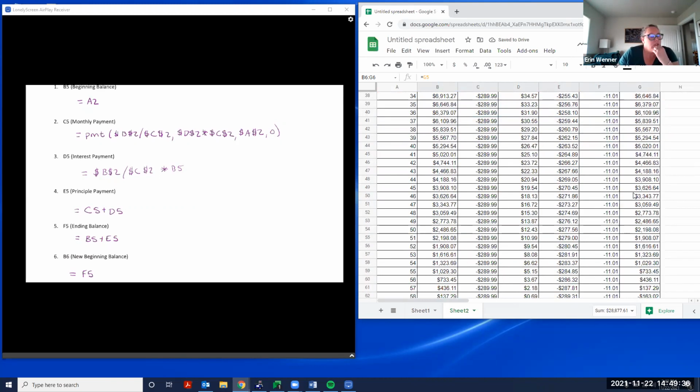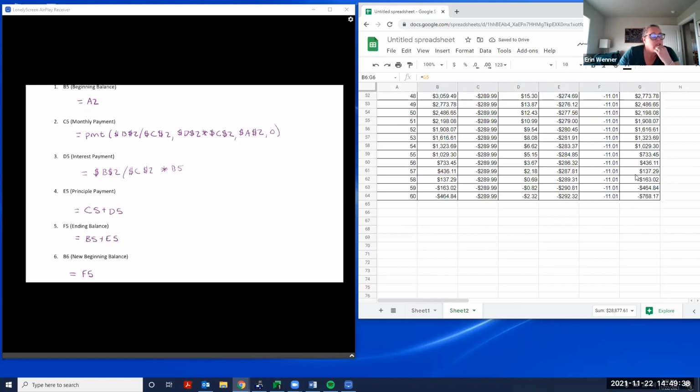So if we do this, you're going to see right here, we end up with negative amounts, which means by adding in $11.01, we pay our loan off basically 3 months sooner, right?